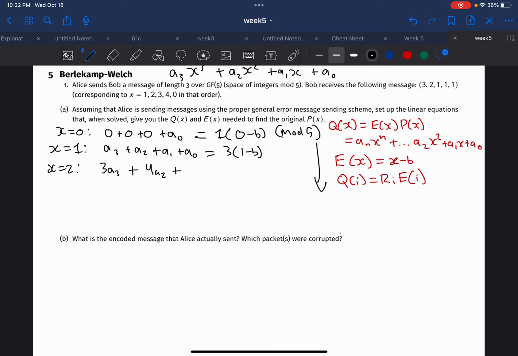plus 2a_1 plus a_0. And the message that is received at this point is 2, so it would be 2 times x minus b, which is 2 minus b.